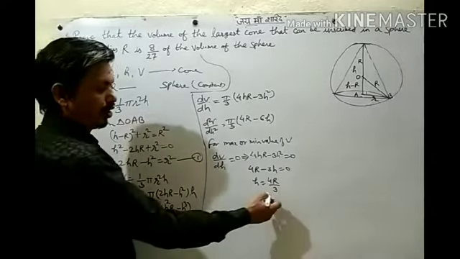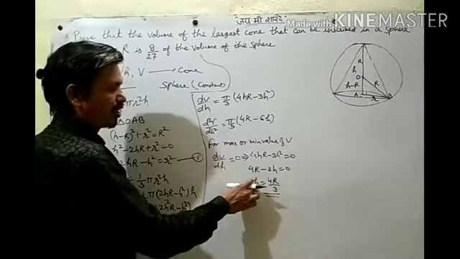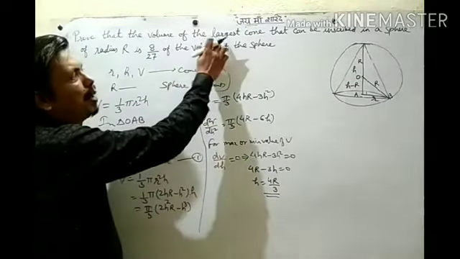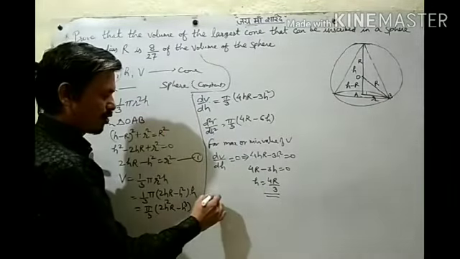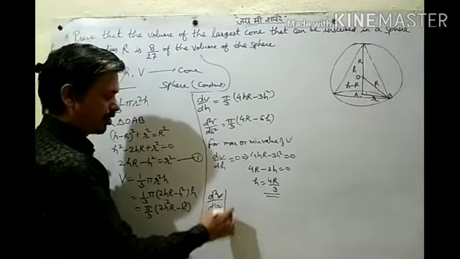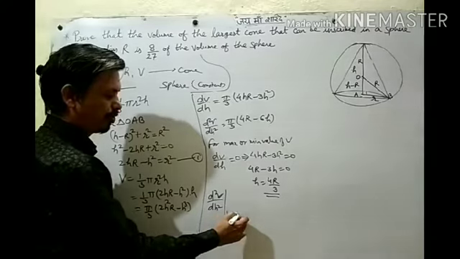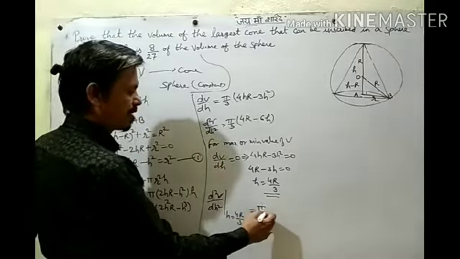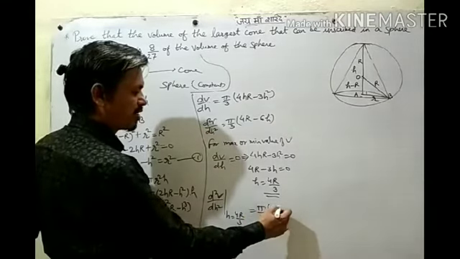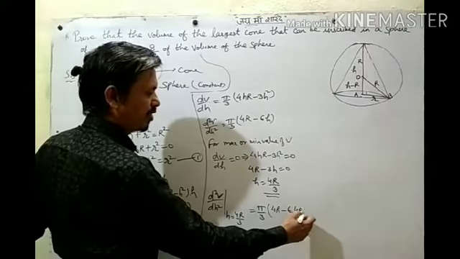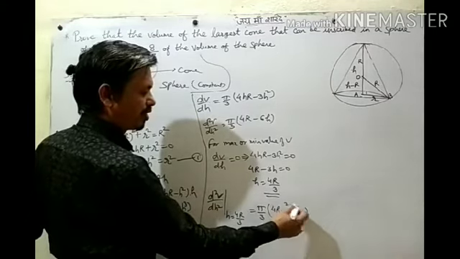Okay? Now at this point, the value of the second derivative should be negative because we need the volume maximum. So the value of the second derivative at h equal to 4R by 3 will be pi by 3 as it is, 4R as it is, minus 6h, and h is 4R by 3. Cancel out.